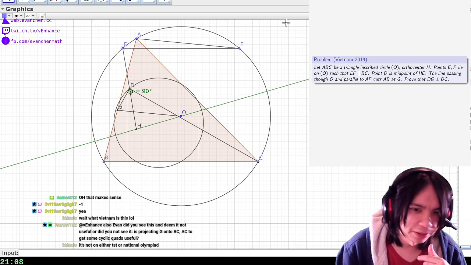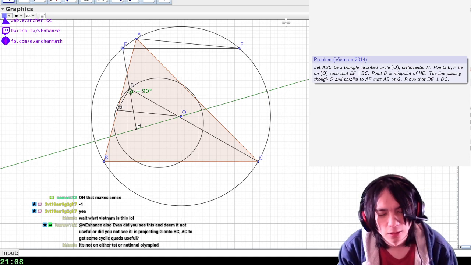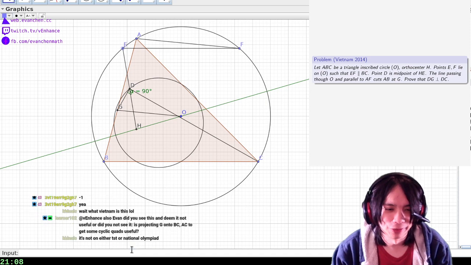Is projecting G onto BC and AC to get some cyclic quads useful? Maybe we can try it.